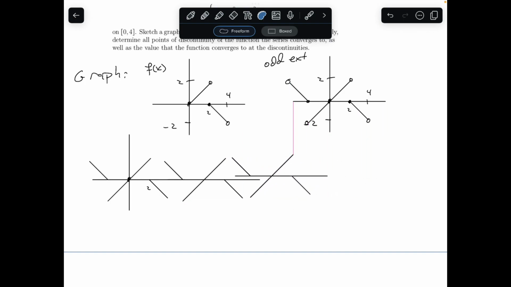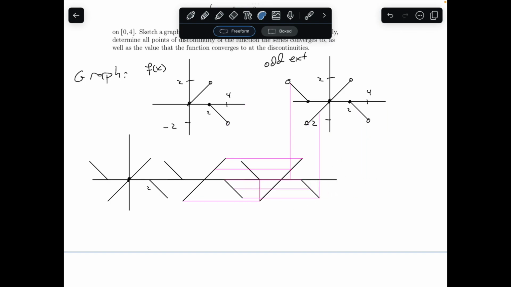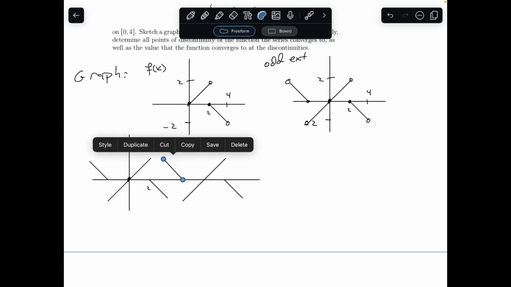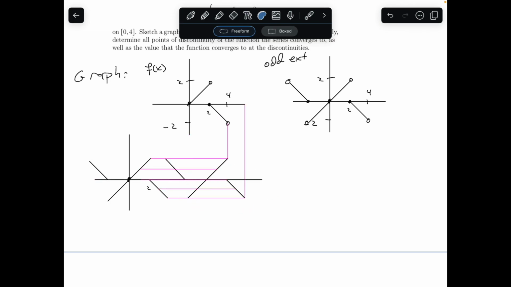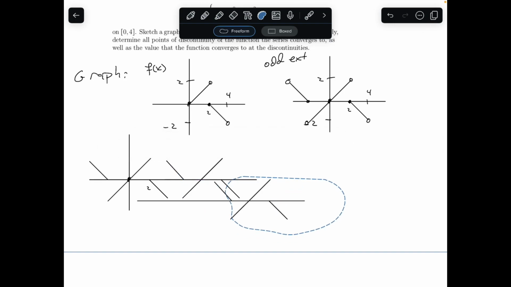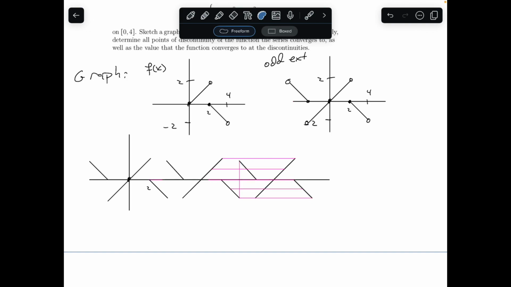This looks weird. Why is this off? Copy paste that one more time.